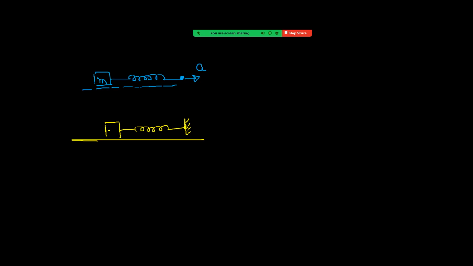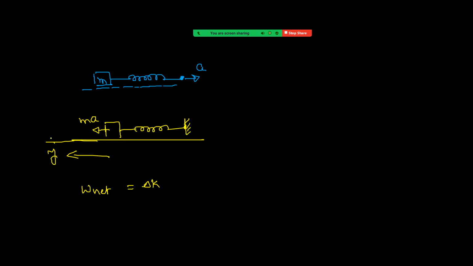Then on this block, pseudo force acts, which is ma, and it is a constant. Okay. Then again, I can write here because of pseudo force, it is having elongation. Suppose it elongates by a distance y. Okay. Then use work energy theorem, same as the previous problem. Initially, it was at rest, so K value 0.